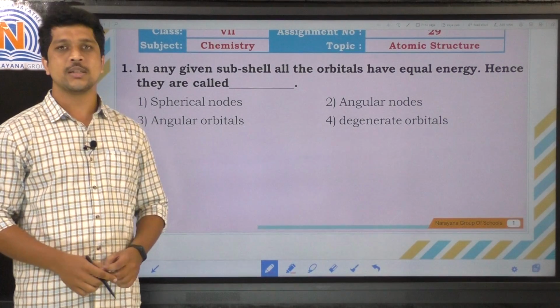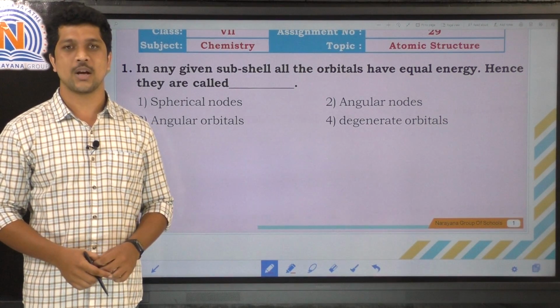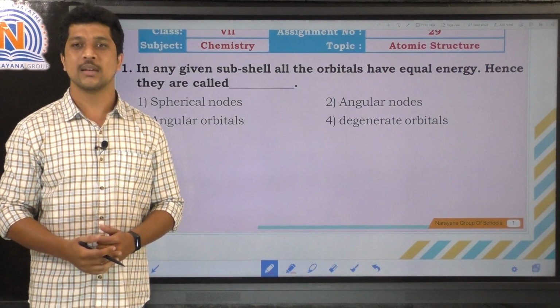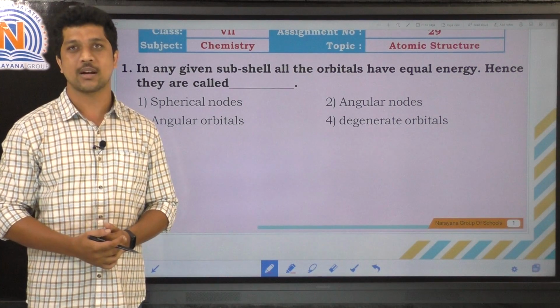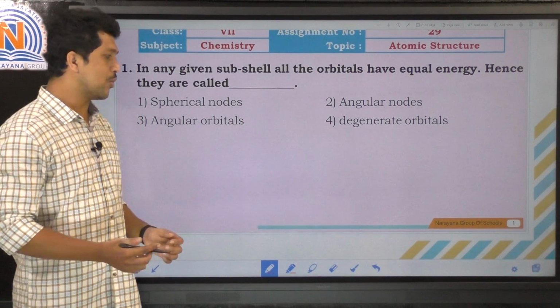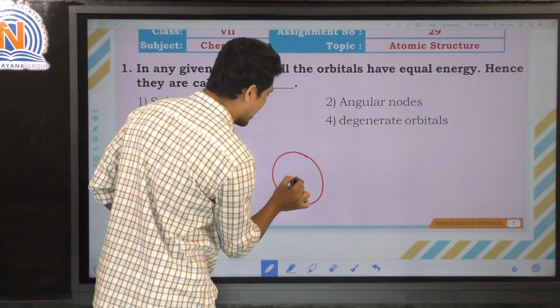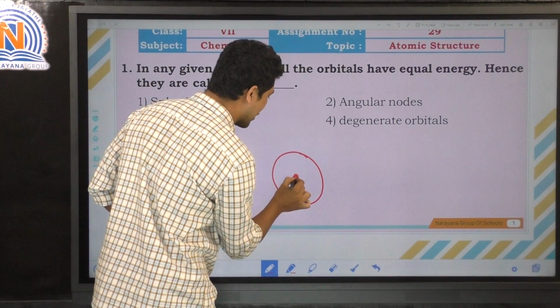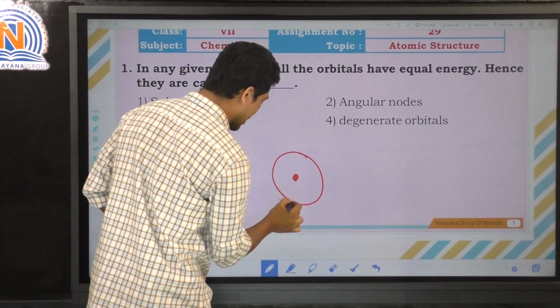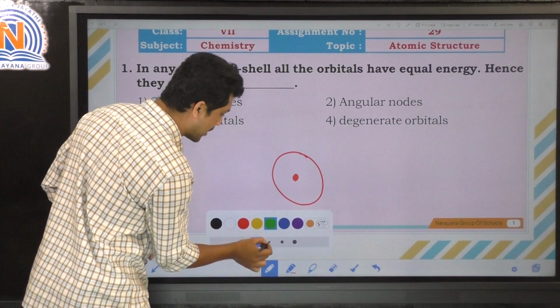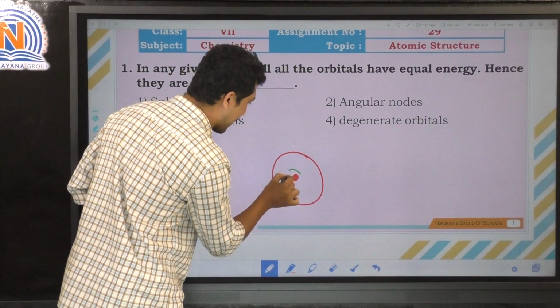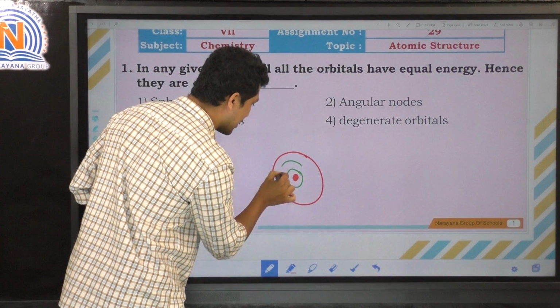Here the first question: in any given subshell, all the orbitals having equal energy, hence they are called, right? For example, we know that an atom contains different subshells. This is the nucleus, the center point. Around the nucleus, shells are present.